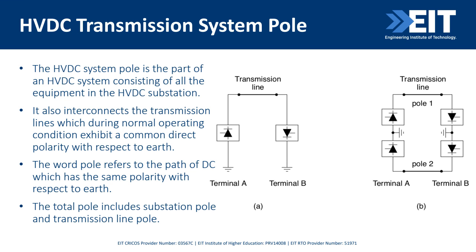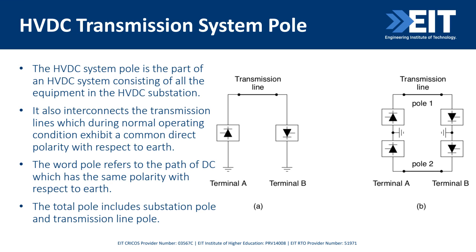It also interconnects transmission lines which during normal operation exhibit a common direct polarity. So this pole comes from polarity. The word pole refers to a path of DC which has the same polarity with respect to Earth. So that's the meaning of pole in HVDC transmission.